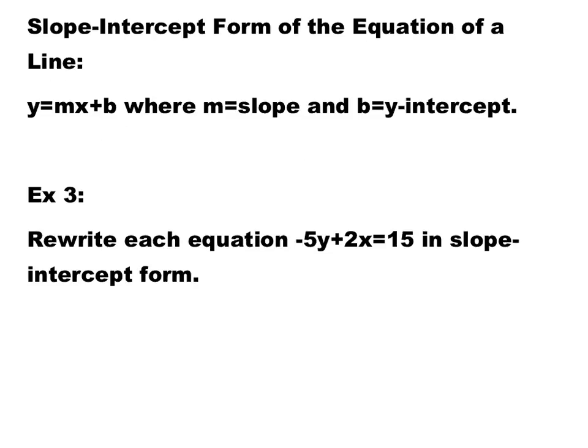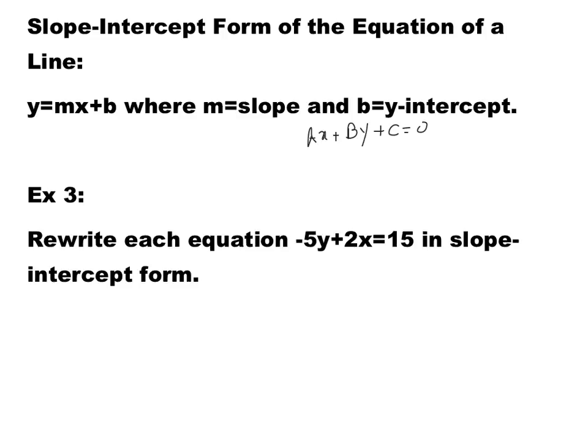The next topic is the different forms of a line that can be represented. There were two forms that you learned previously. One was standard form, which was of the form ax plus by plus c is equal to 0.